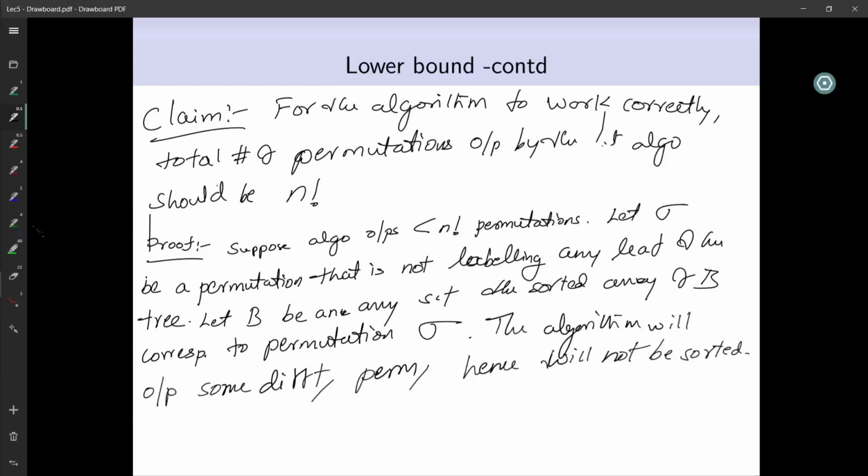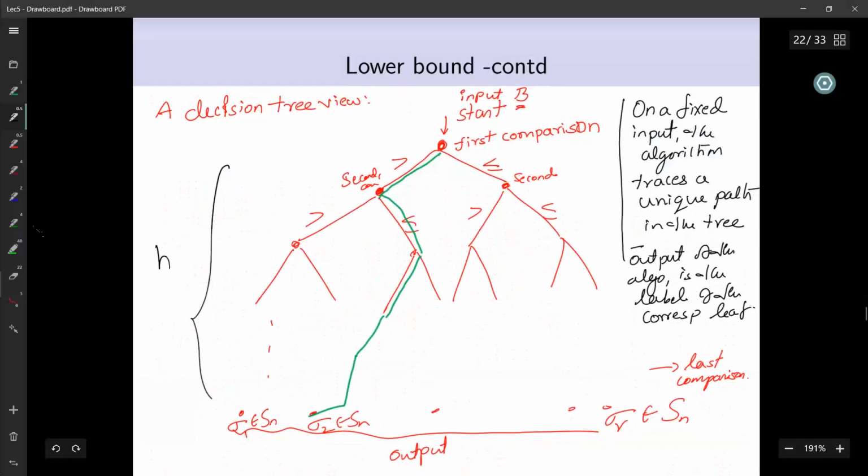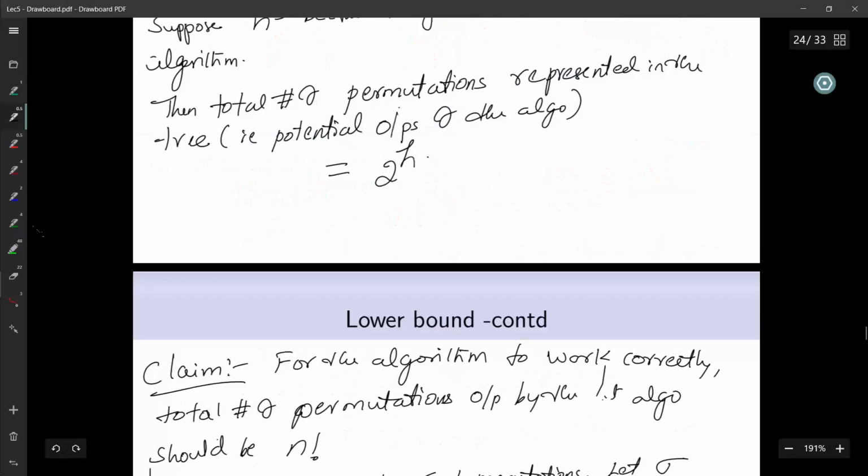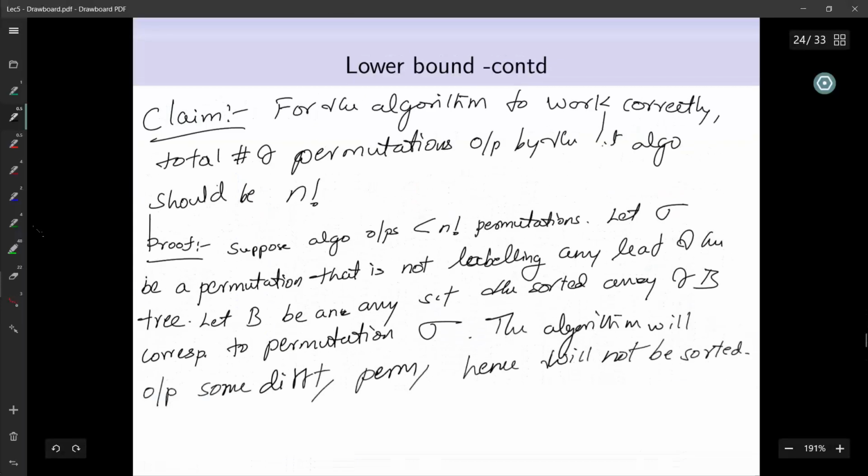So if the algorithm misses even one permutation, I can construct an input where the sorted sequence corresponds to that permutation and run the algorithm on it. Be assured that the algorithm will output incorrectly, because that permutation is not even represented in the tree. The algorithm's output is one of the permutations which are labels of the leaves in the tree. So the total number of permutations has to be n factorial.